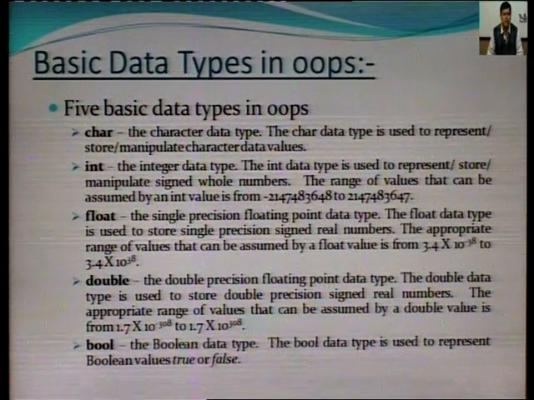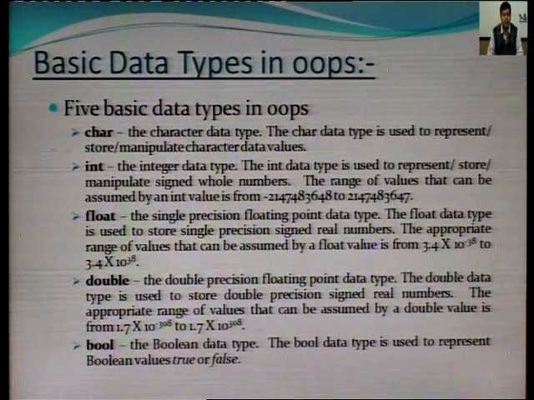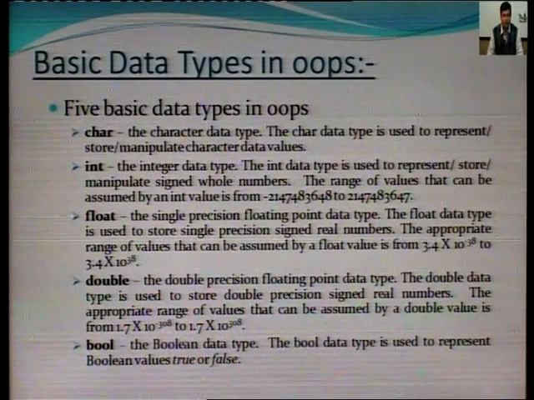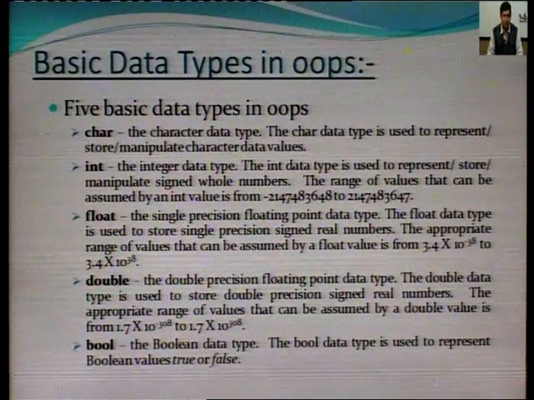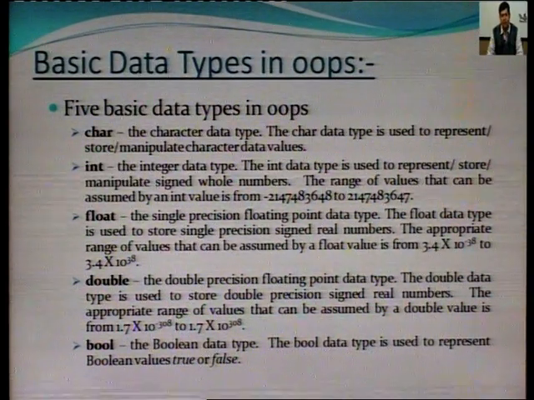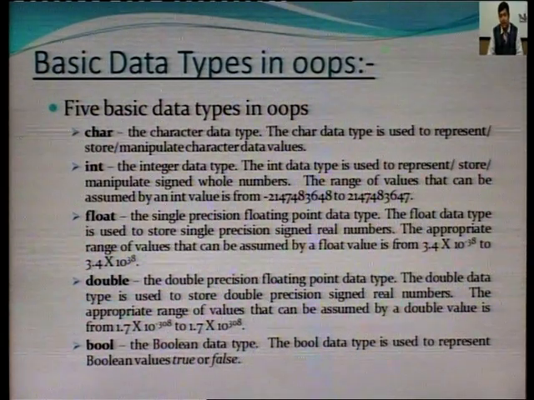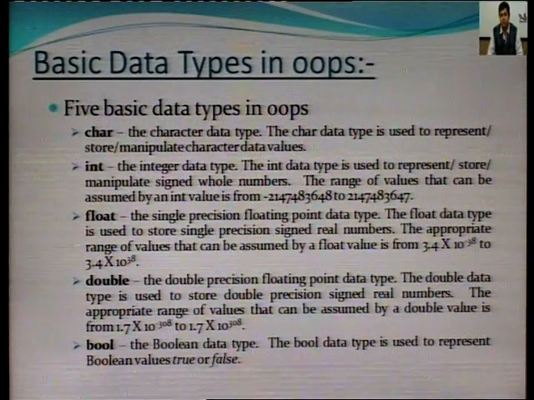If you declare it as integer type, the size of the variable will depend upon the compiler. The integer data type is used to represent, store, and manipulate signed whole numbers. For example, the range is given here.